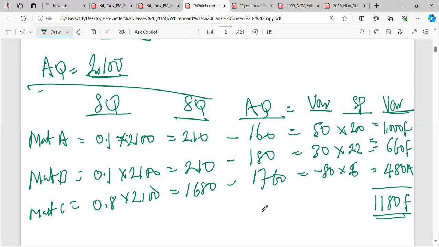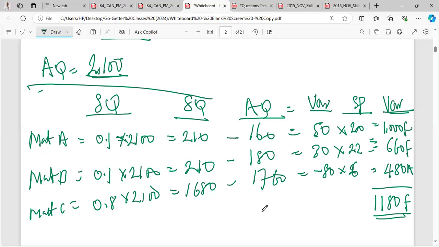So this is mix variance. So we are looking at standard mix.